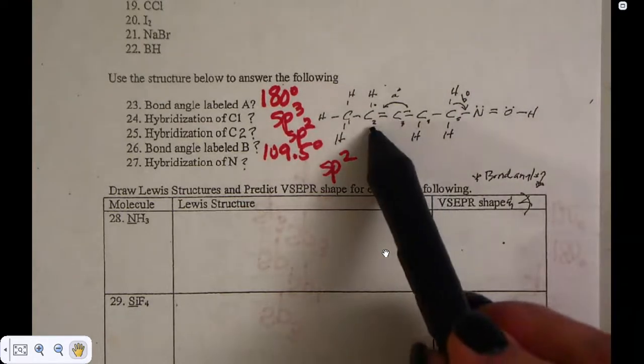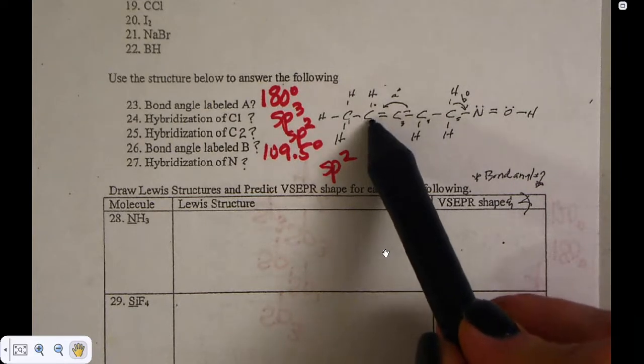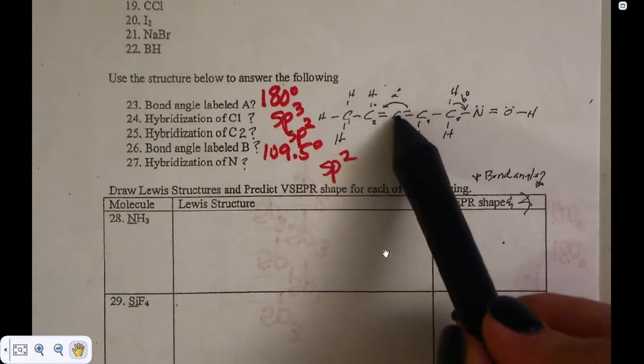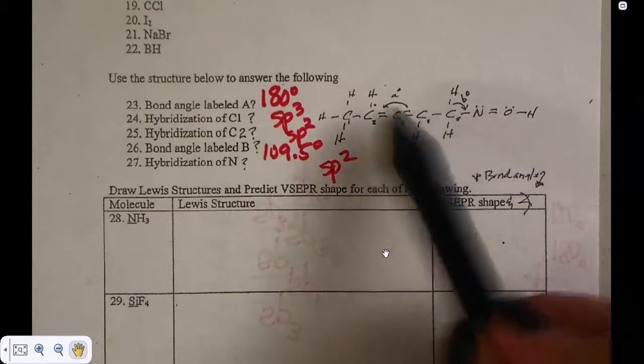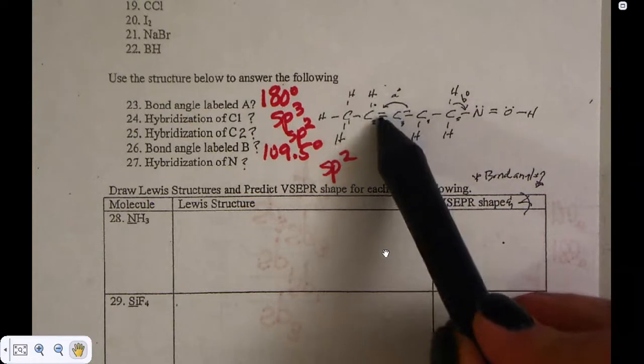For 25, the hybridization of carbon number 2. So we're looking at this carbon here. Let's look at that portion of the molecule. Carbon 2 has 1, 2, 3 atoms on it. So it's trigonal something, right? Well, in this case, since we're looking at hybridization, we look at the fact that it has 3 electron domains. It has 1 electron domain on the left, 1 on the top, and 1 on the right.